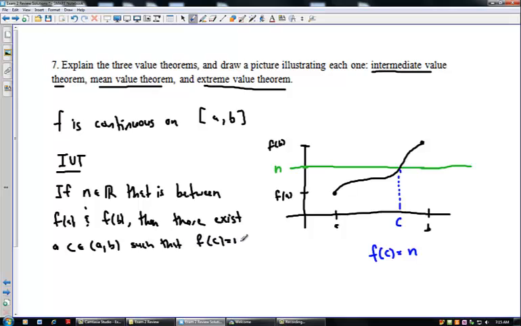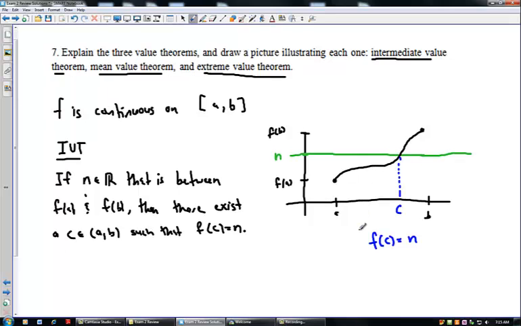So that's how we write it out. But hopefully the picture is rather obvious. If a function's continuous, you cannot connect these 2 points without passing that horizontal line, the green line.